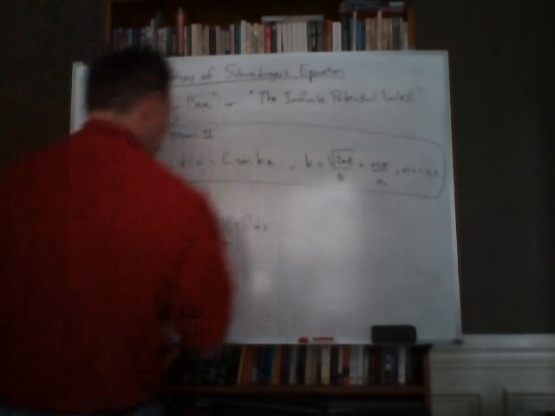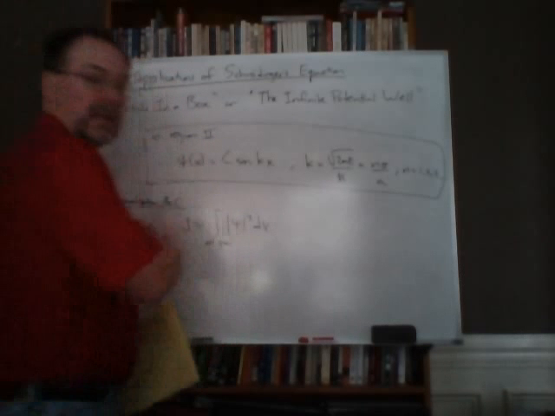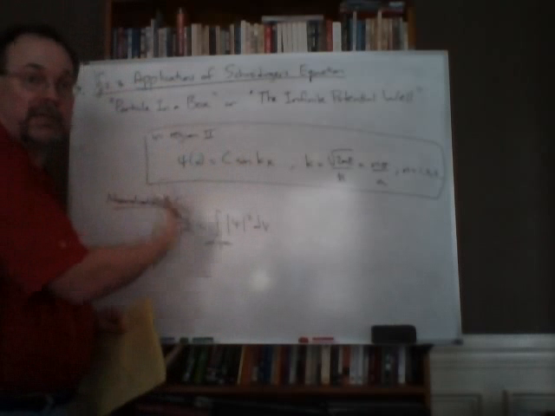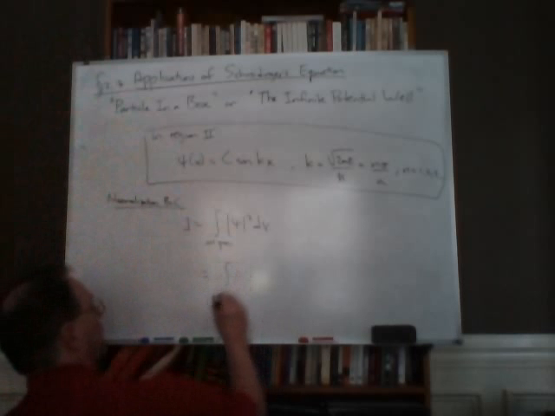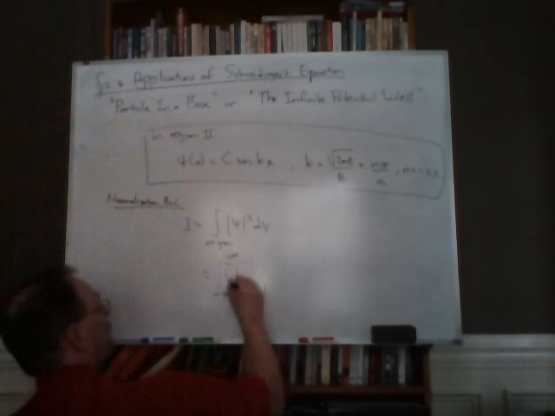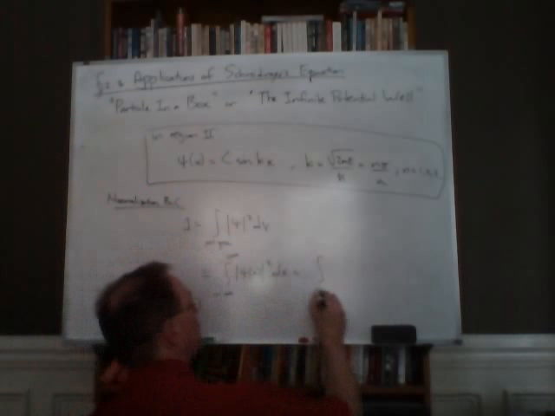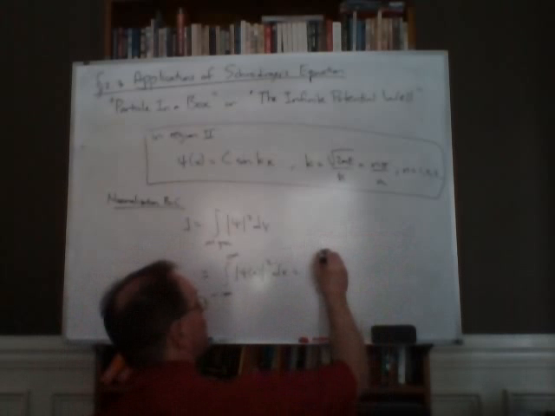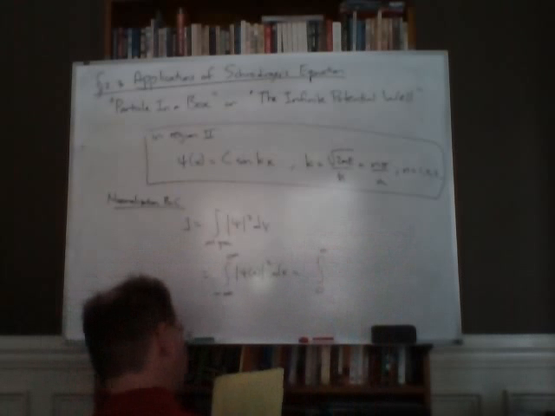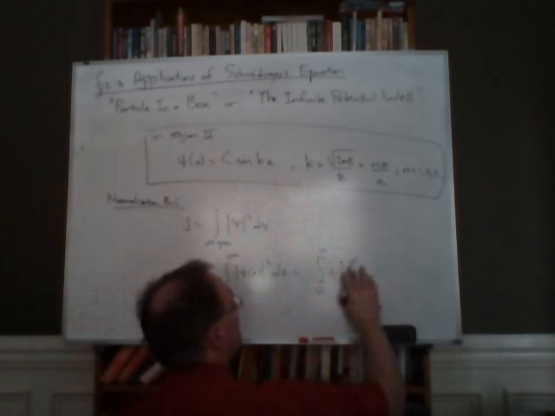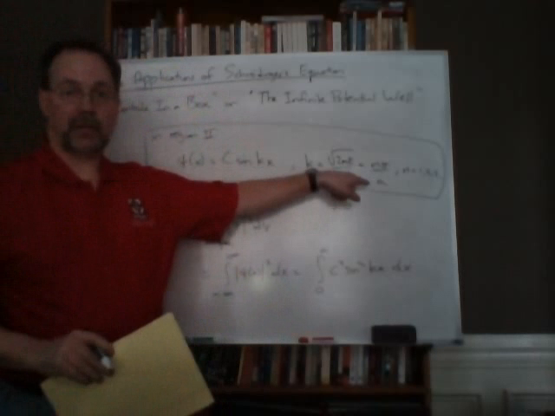In our case, this is the integral from negative infinity to infinity of psi of x squared dx, but it's 0 for x less than 0 and 0 for x greater than a, so this works out to the integral from 0 to a of C squared, because this is now a real function, sine squared kx dx, and k is n pi over a.